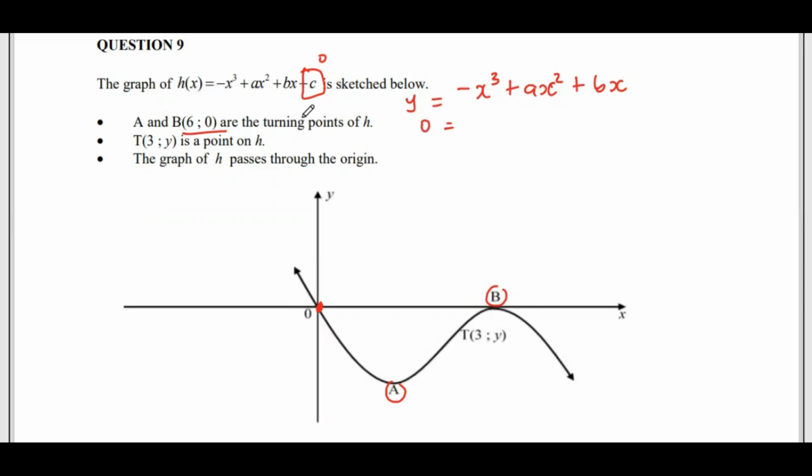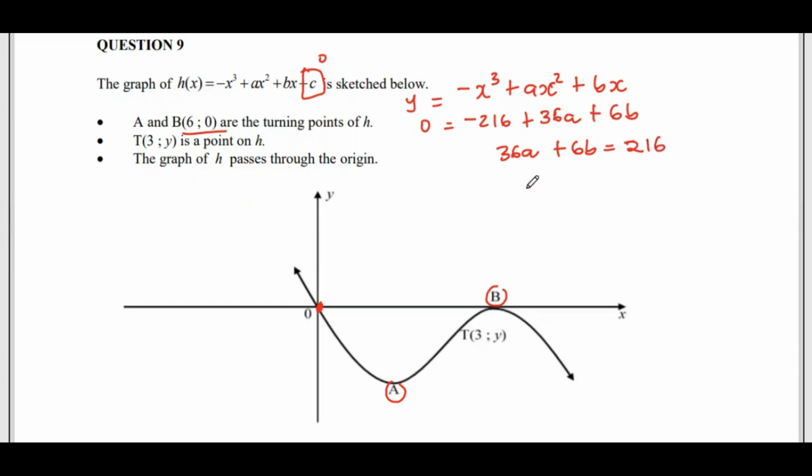So 0 is equal to, what is 6 cubed? Which is 216, plus 6 squared, it's going to be 36a, plus 6b. And I just make this an equation. I'll have 36a plus 6b must give me positive 216.